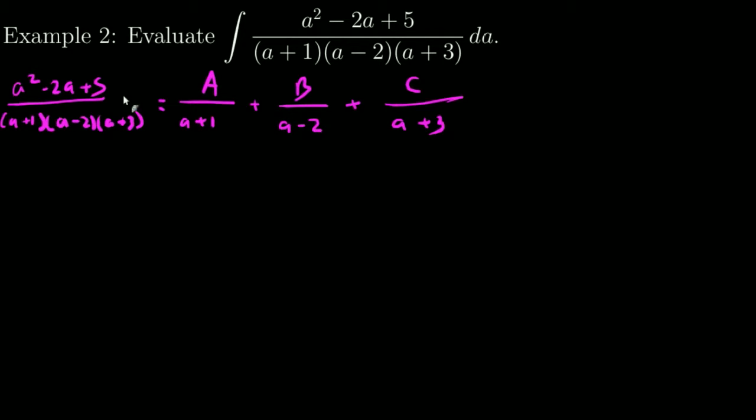And the first problem is, this is missing 2 factors, missing a minus 2 and a plus 3. This is missing 2 factors, missing a plus 1 and a plus 3. And this is missing 2 factors, a plus 1 and a minus 2.